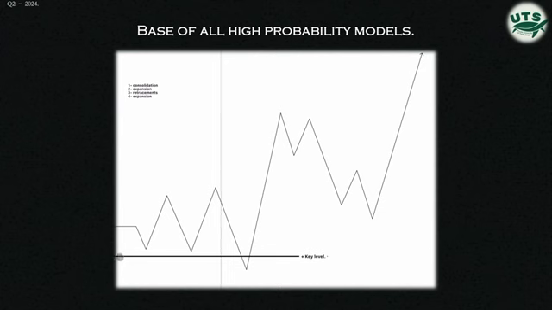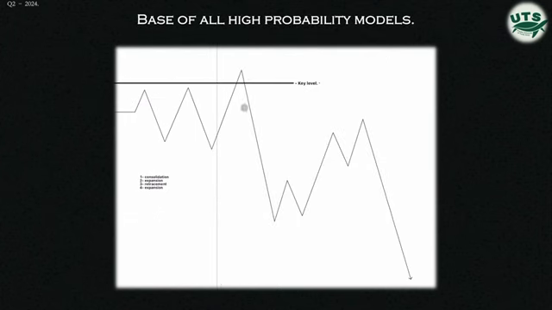All right, so when you mark a key level, this is what you look for. So expansion number 1, then the OTE, expansion number 2, and vice versa.